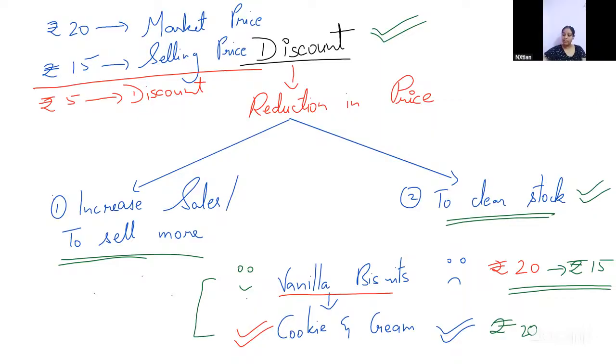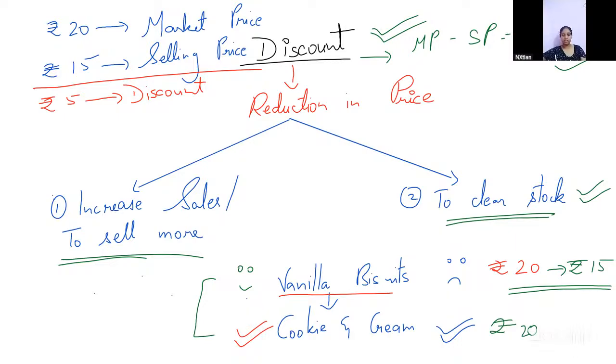That gives us the discount formula. Market price minus selling price equals discount. Okay, write this down now. The price which was there originally, the original price of the product, is called the market price.